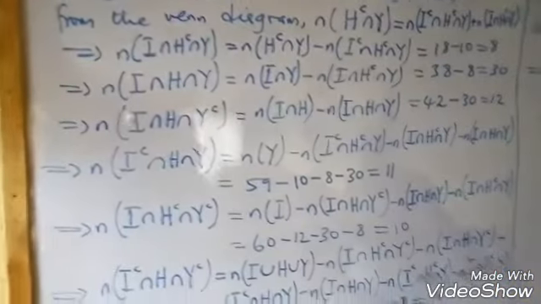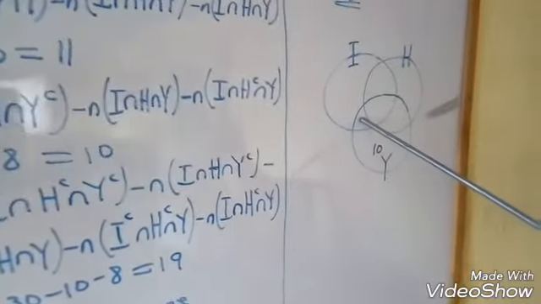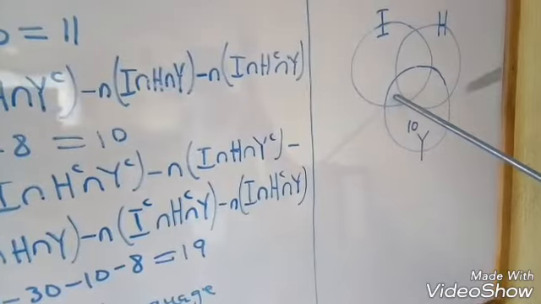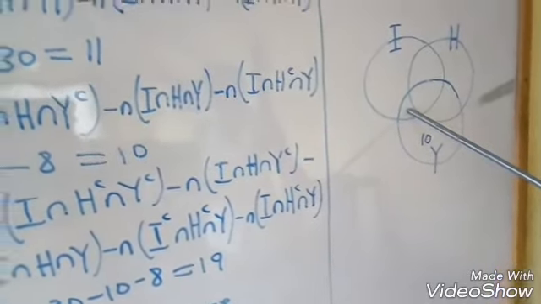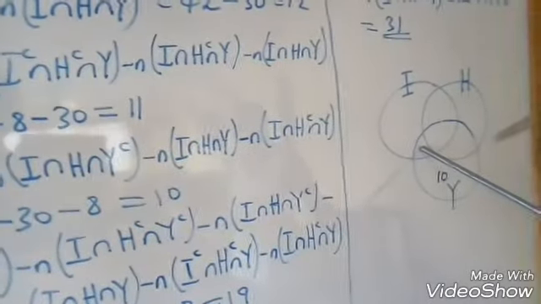So this alone, which is Igbo and Yoruba alone, called I intersection H complement intersection Y, that region, is equal to what?